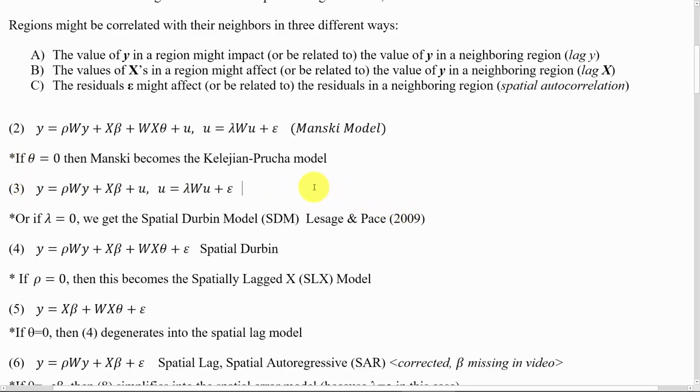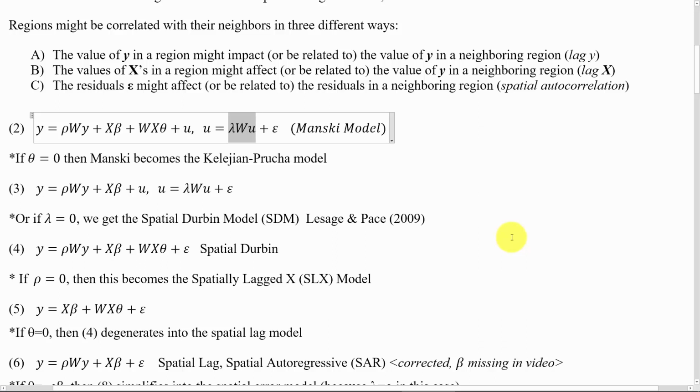A second camp, though, is Jim LeSage and Kelley Pace. And LeSage and Pace say instead of assuming that those neighboring explanatory variables don't matter, let's set this lambda equal to 0 right here. And when you do that, you get what's called the Spatial Durbin model.